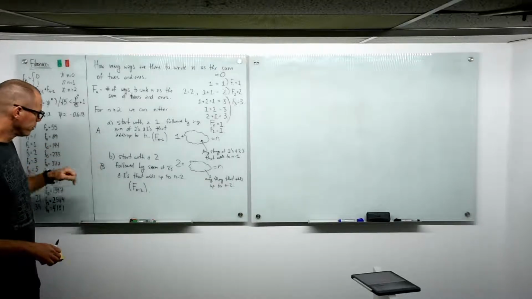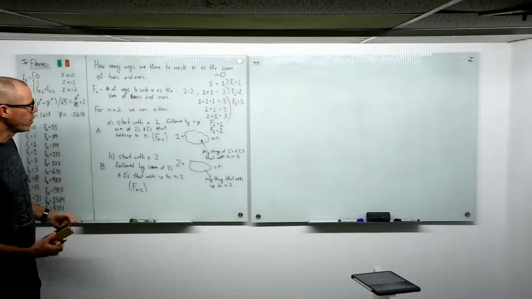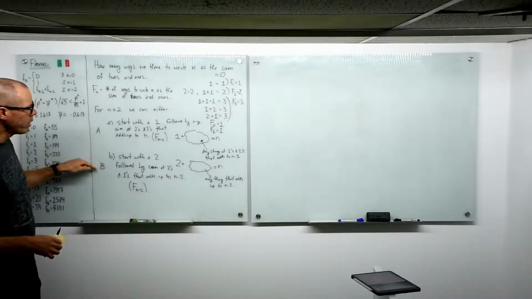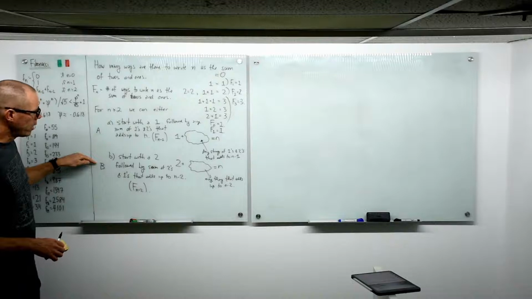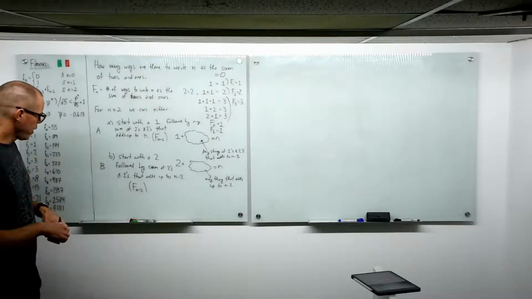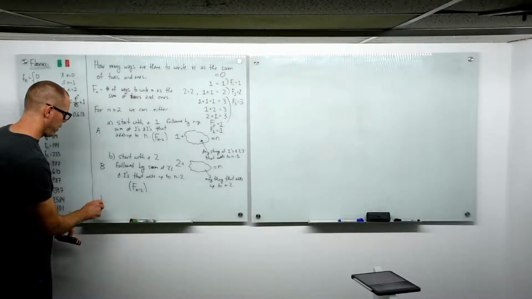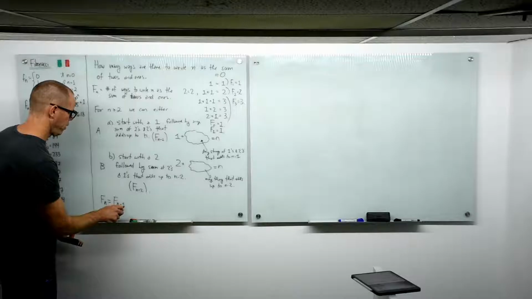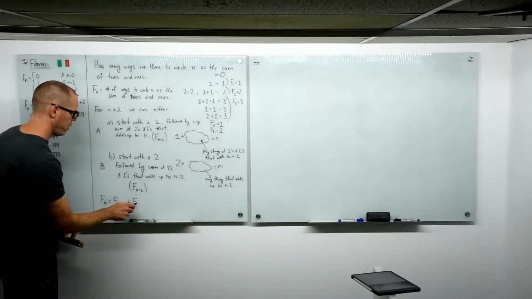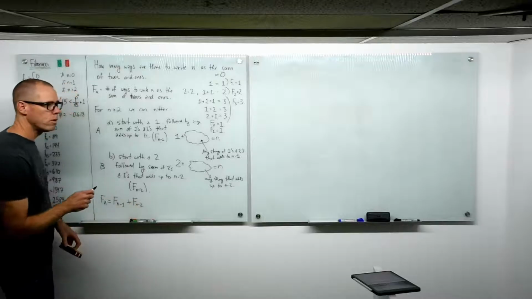That's the sum rule, right? The set we're trying to count is a disjoint union of A and B, so the sum rule applies. So that just translates into f of n is equal to f of n minus 1, that's this part, plus f of n minus 2.